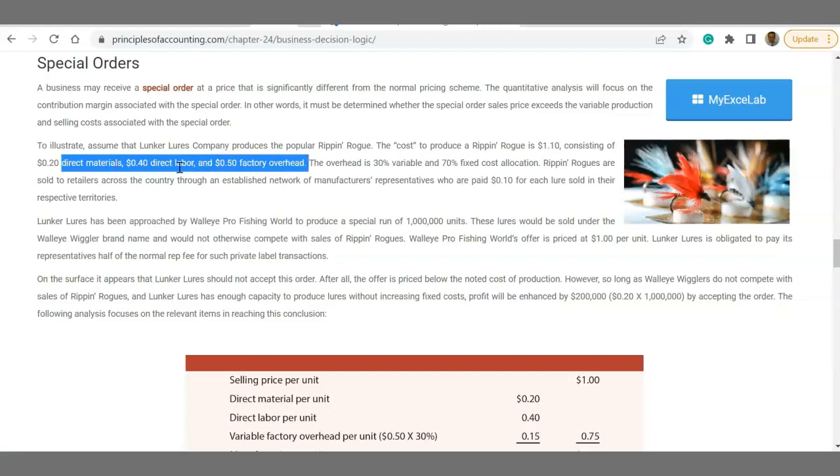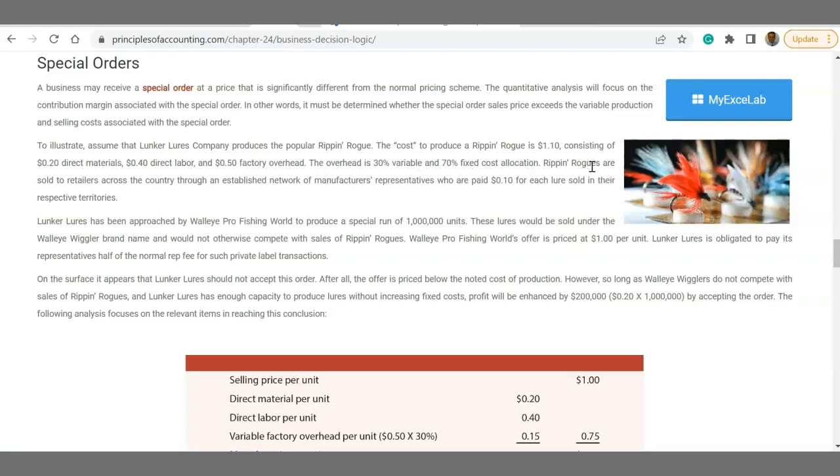Okay, so material, labor, and overhead total $10. The overhead is 30% variable and 70% fixed cost allocation. So out of this overhead, 30% is variable, which is like 15 cents, and the rest, 35 cents, is fixed.